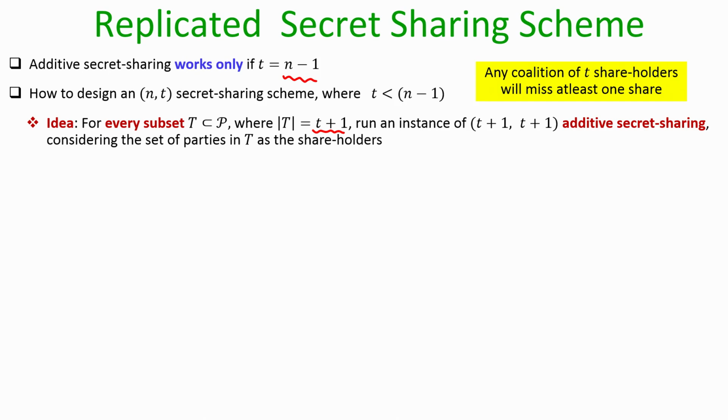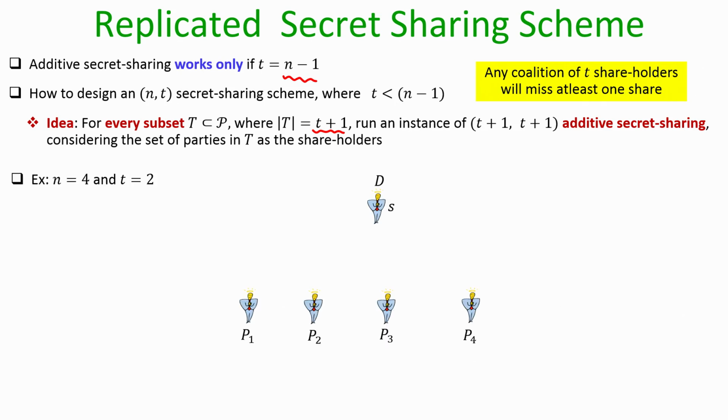And if we do this for every subset of size t plus 1, then when it comes to the actual collusion of t shareholders who might try to learn about the secret, that collusion of t shareholders will miss at least one share to reconstruct back the actual shared secret.